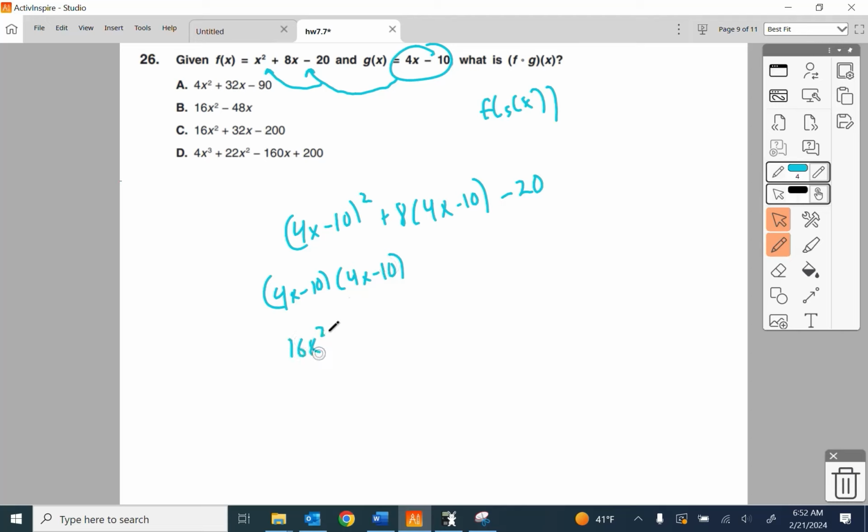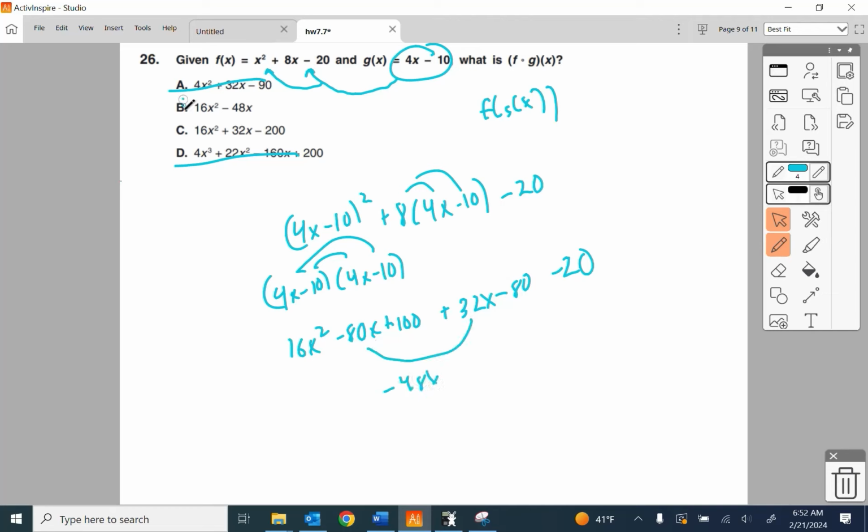It's going to give me 16x squared minus 40x minus 40x plus 100, plus 32x minus 80 minus 20. So ain't A, ain't D. If I put these two together, that's negative 48x.